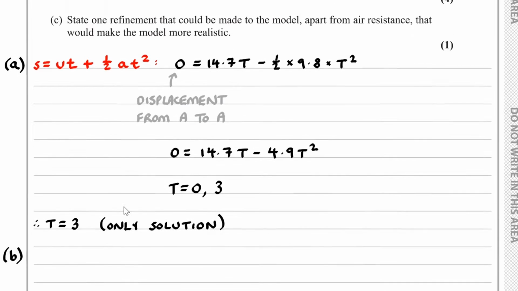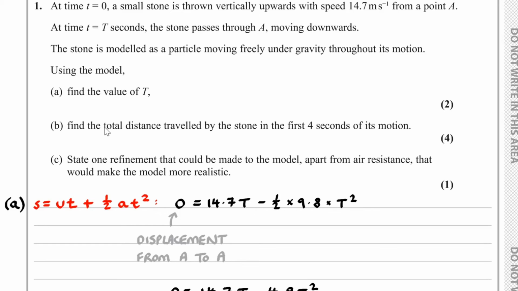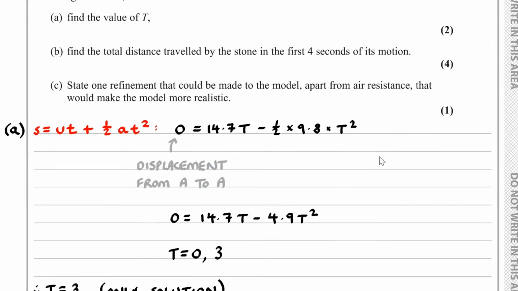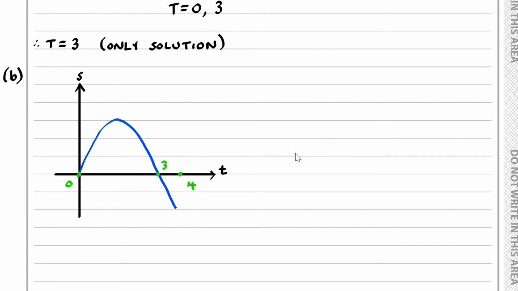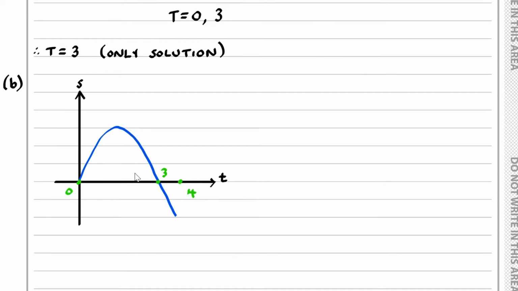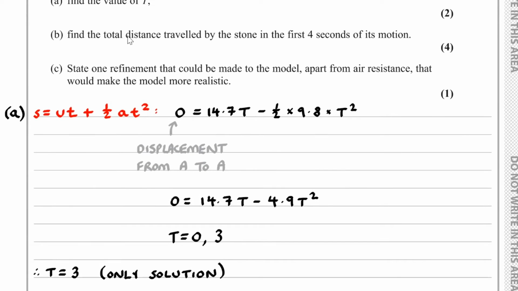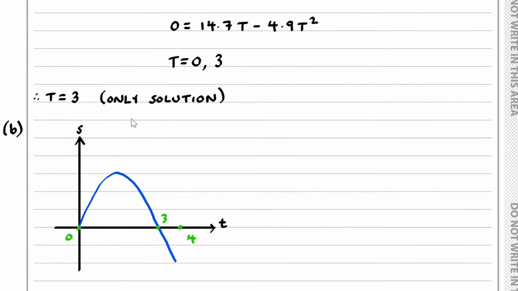Now for part B, we have to find the total distance travelled by the stone in the first 4 seconds of its motion. Let's quickly draw a graph. Here is a sketch of the motion of the particle, and what we need to find is the total distance.